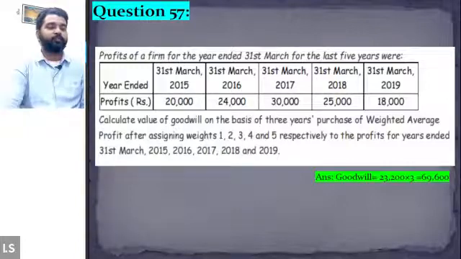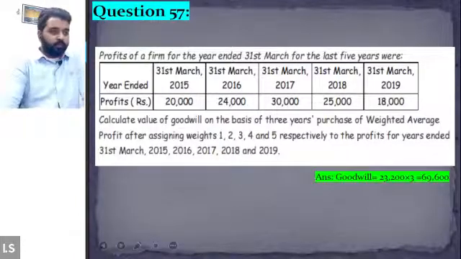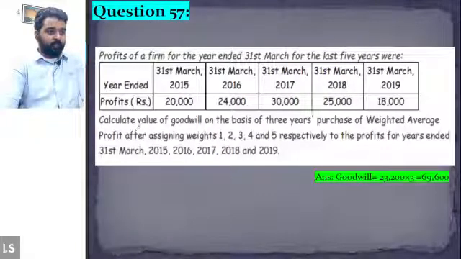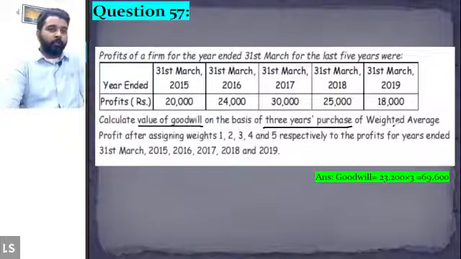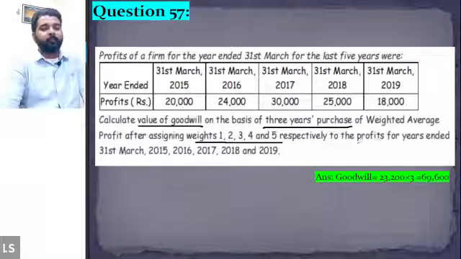So this firm has generated different profits for the 5 different years. The question asks us to calculate the value of goodwill on the basis of 3 years purchase, using weighted average profit after assigning weights. Weights are also given: 1, 2, 3, 4, 5. These are the weights given for the different years of profit.